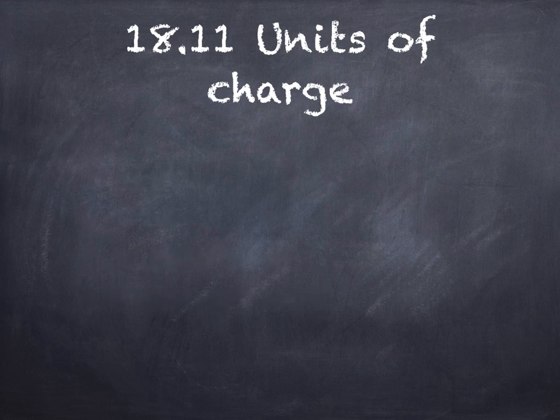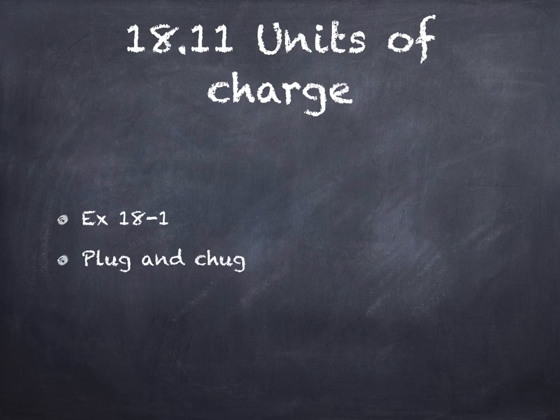Okay, now they're going to give us an example. Example 18.1. This is on page 424. And they ask us to do 2 point charges, 1 times 10 to the negative 6 coulombs each, separated by a distance of 0.1 meters. What's the force on each charge? This is basically plug and chug, okay?